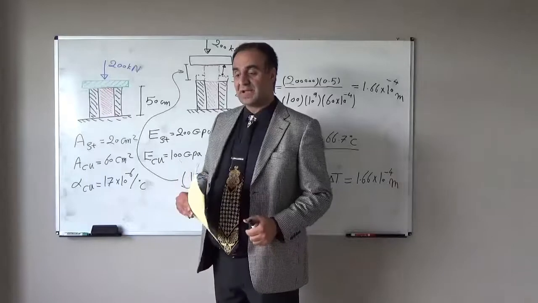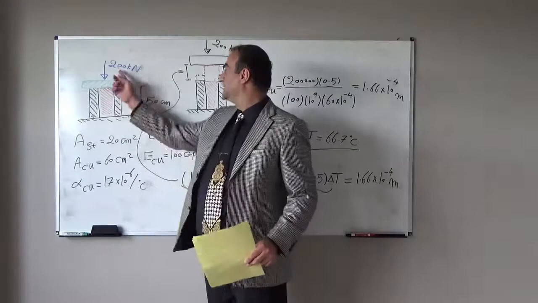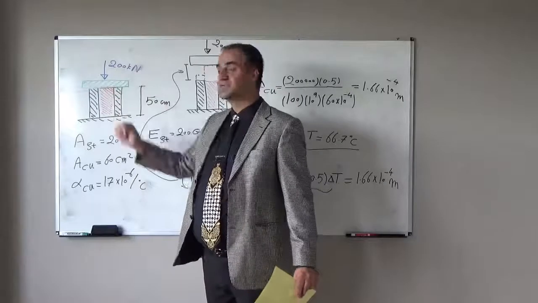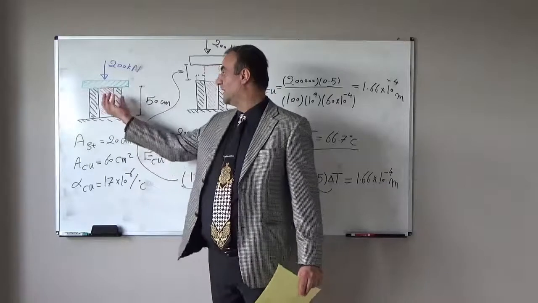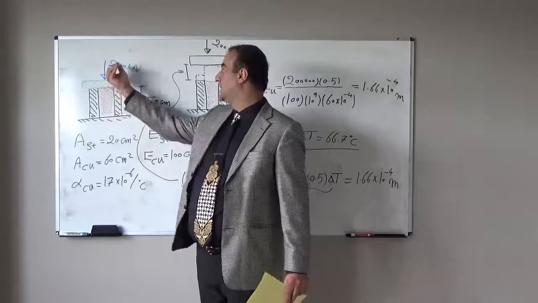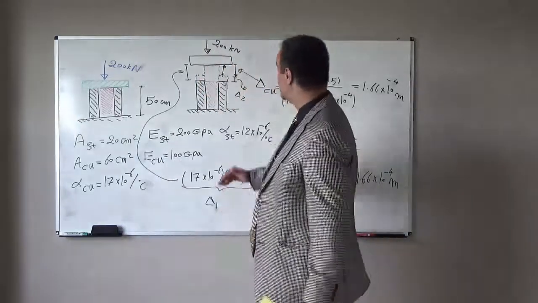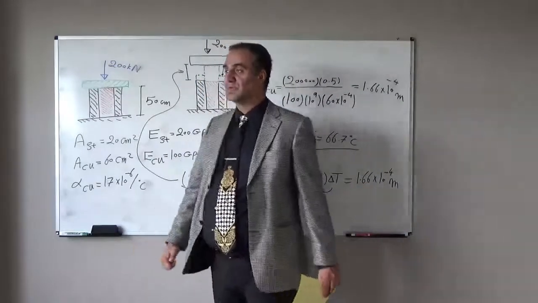We want to find the temperature change so that this entire force will transfer to the copper. So the contribution of the hollow steel cylinder will be 0, and the entire force will transfer to this copper. If we don't have this load, what will happen?